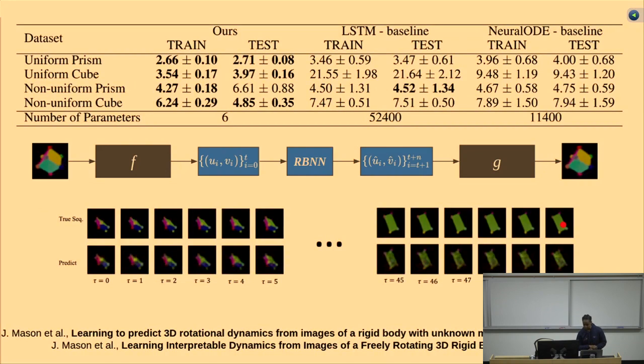So we compare this approach to two baselines: an LSTM baseline, which is like an RNN black box, which learns next state prediction from the current state, and also a neural ODE baseline. The neural ODE is also a black box, but it's a continuous model of dynamics.